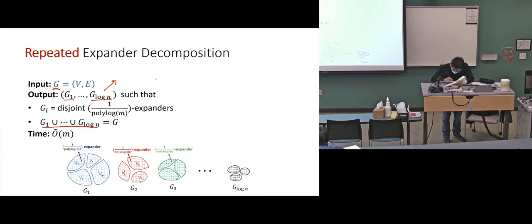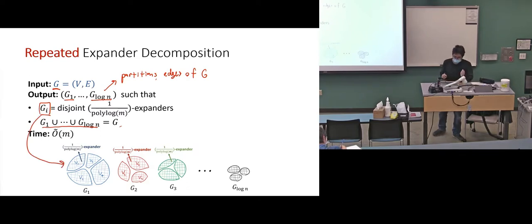Basically, these graphs partition the edges of G together, like each edge appears exactly once in one of the Gi. And each of the Gi, in each of these levels, is literally just a disjoint union of expanders.